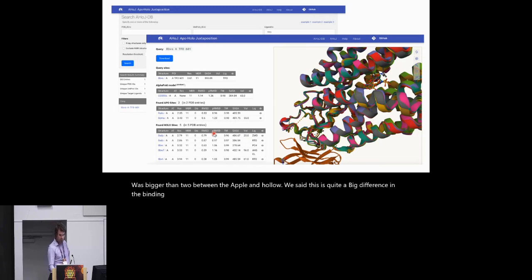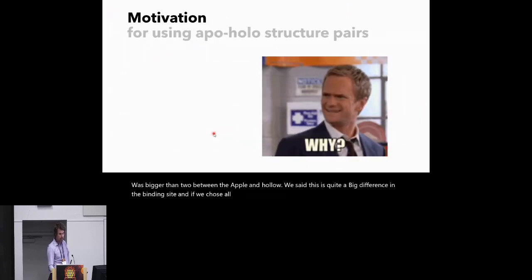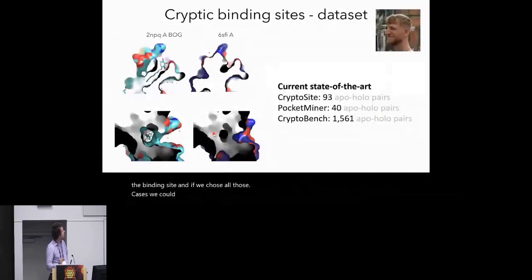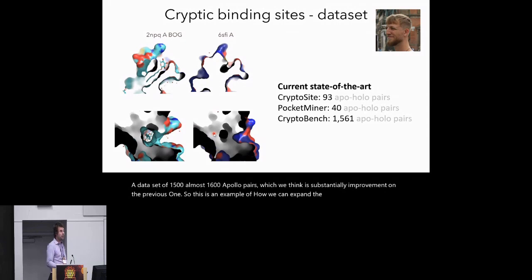And if we chose all those cases, we could build a data set of almost 1,600 apo-holo pairs, which we think is a substantial improvement on the previous ones. So this is an example of how we can expand the data set for testing cryptic binding site predictions.